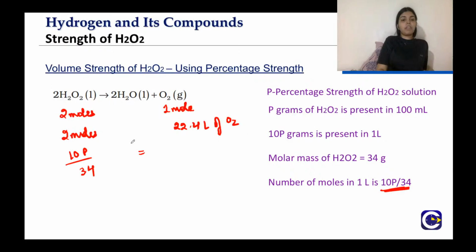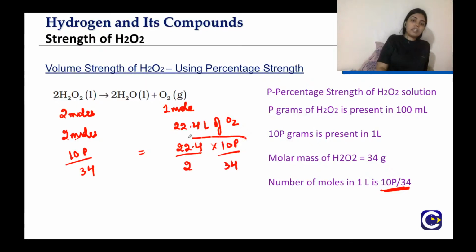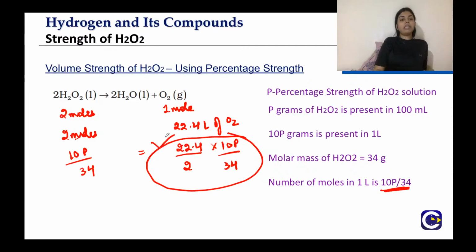So again the unitary method: if 2 moles gives 22.4 liter of oxygen, then these many moles will give 22.4 divided by 2 into 10 P divided by 34. This is the amount of oxygen that will be given by 1 liter of peroxide. That means this particular thing will be your volume strength.